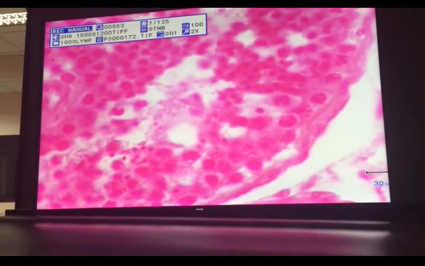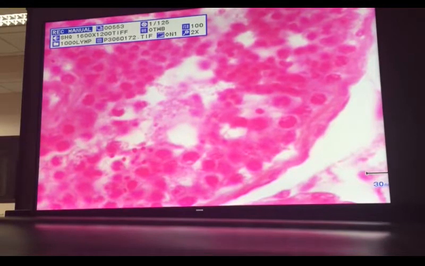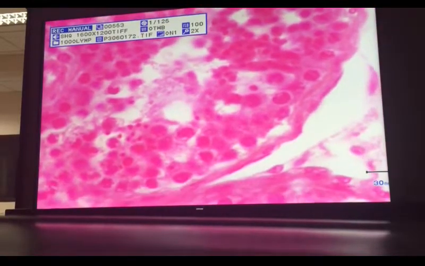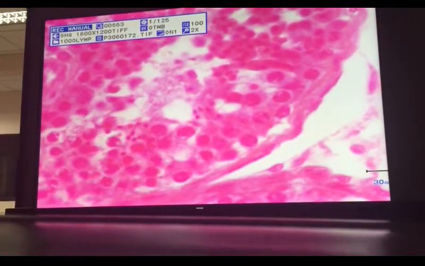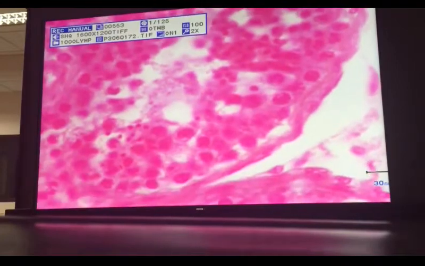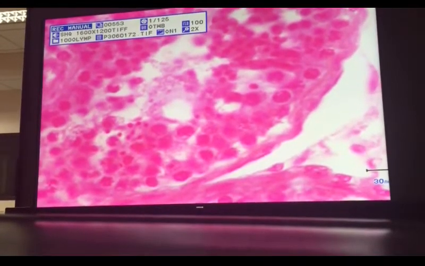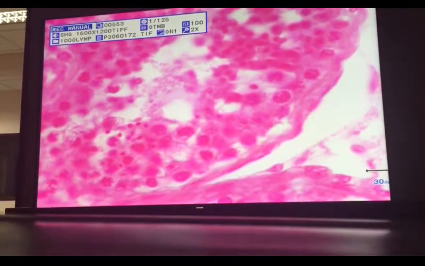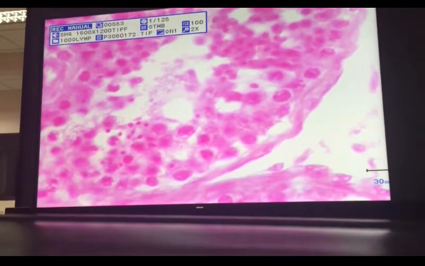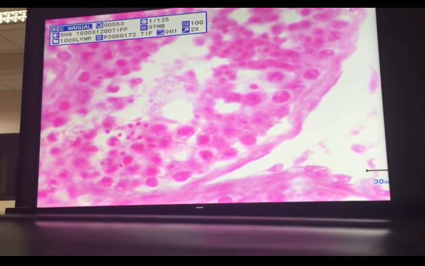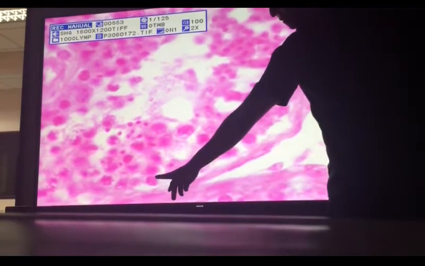Identify the cell. Okay. Identify the cell pointed.